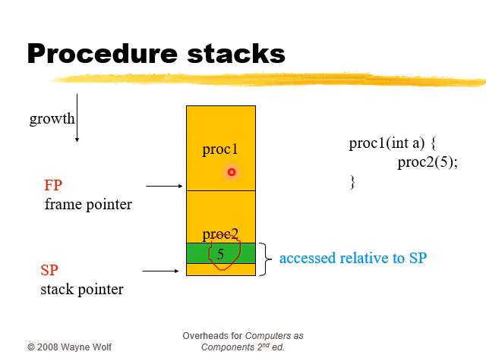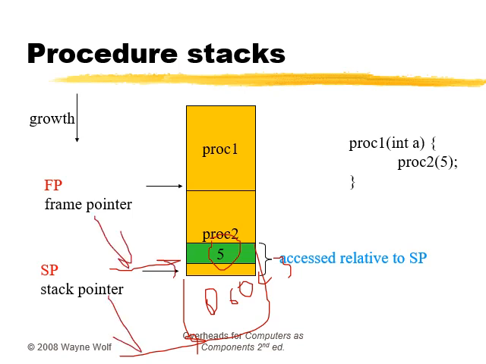Now when a new procedure is called, the stack pointer and frame pointer are modified to push another frame into the stack. For example, if we have procedure 3 here, our stack pointer will come here and our frame pointer will come here.